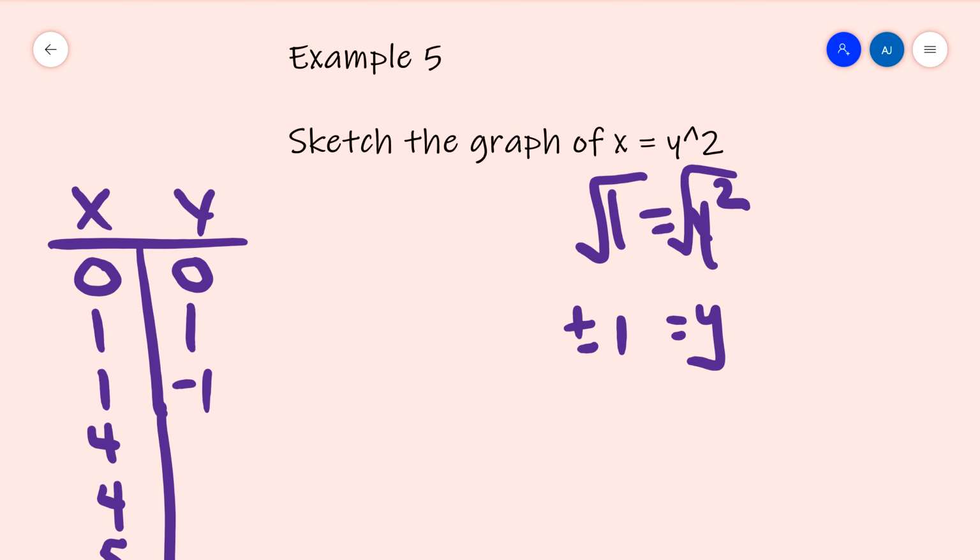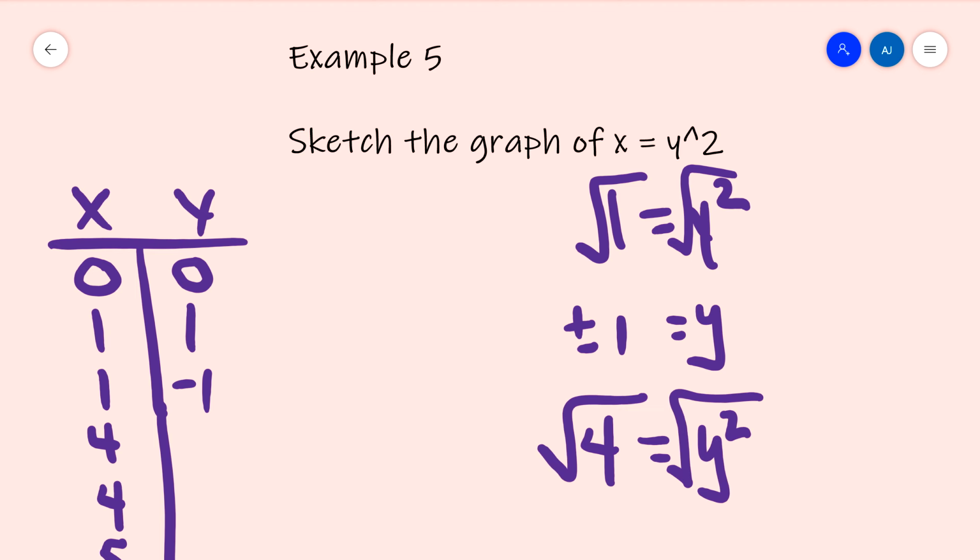Okay, let's do that for 4. If x is 4, that would be 4 equals y squared. And again, I'm taking the square root of both sides, so y is going to equal plus or minus 2. So here I've got a 4, so that would be 2, and this would be negative 2.